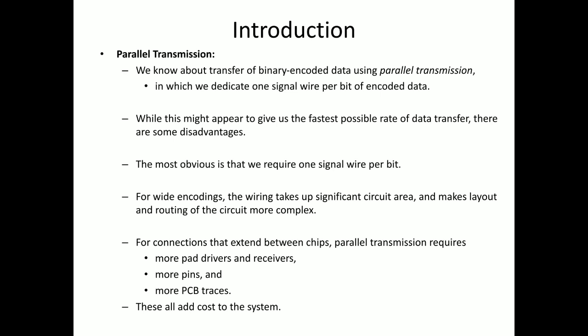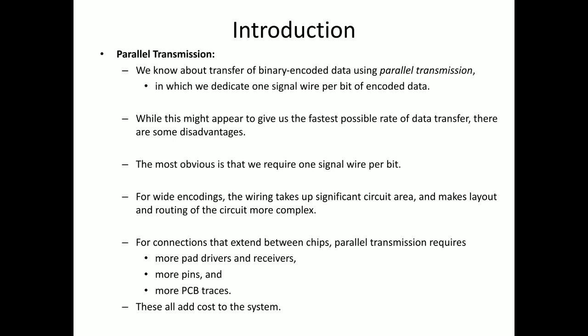Serial transmission is nothing but transferring the data serially. Before starting serial transmission, we should first understand why we need to use it. For that, we shall see the disadvantages of parallel transmission.